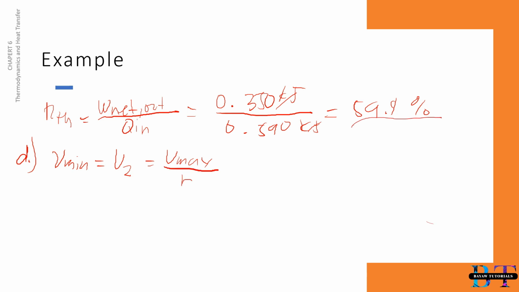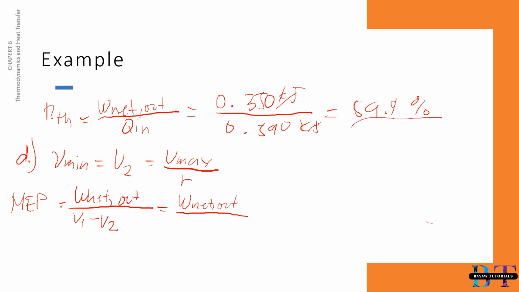So our MEP is equal to the net work output over volume 1 minus volume 2, which is also equal to the net work output divided by V1 times 1 minus 1 over r.